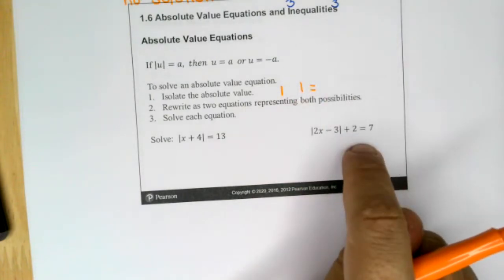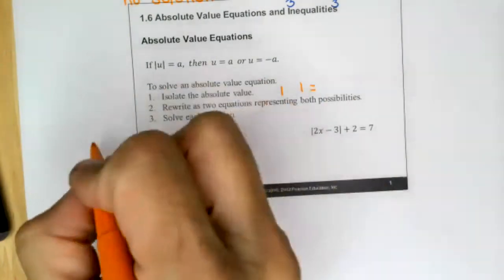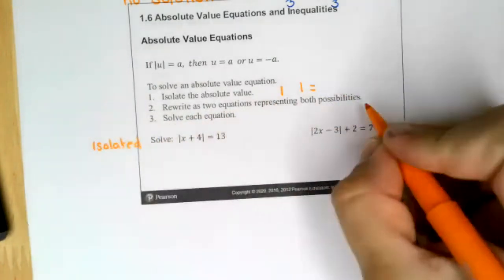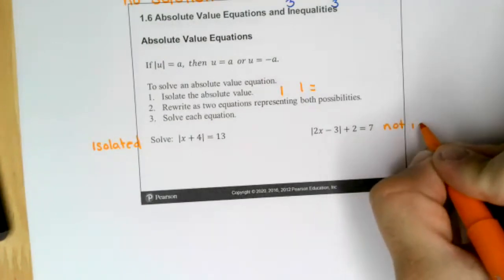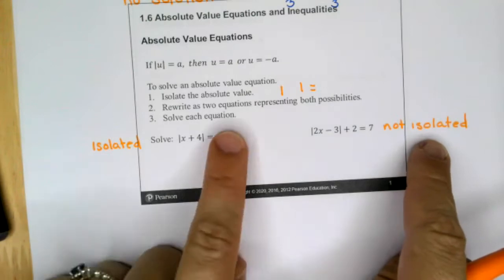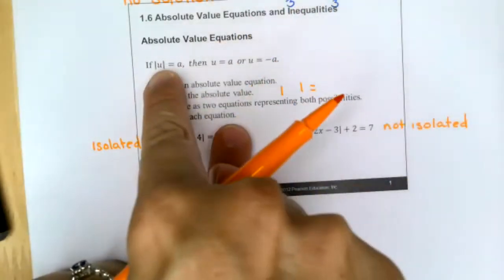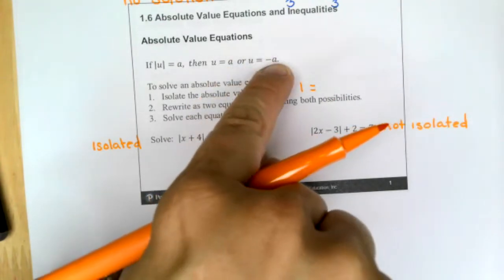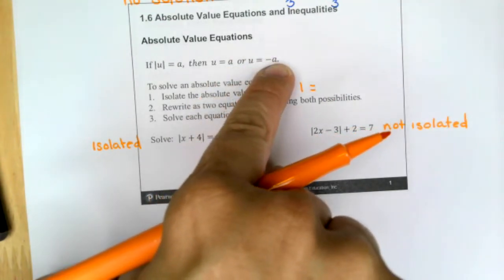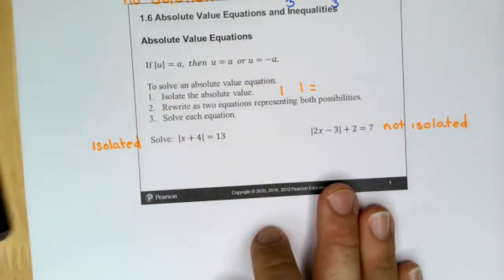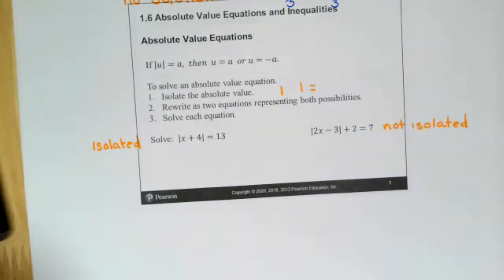That is not alone. Then you're going to rewrite, you're going to take away the absolute value bars, write it as equal to A or equal to negative A with no absolute value bars. And then you're just going to solve it like any other equation, okay?